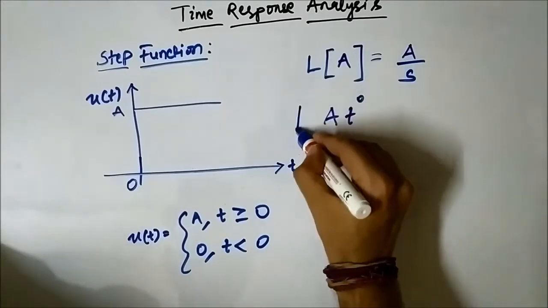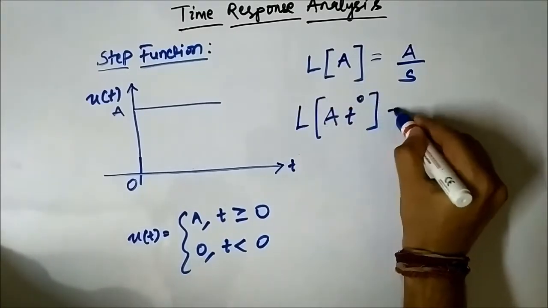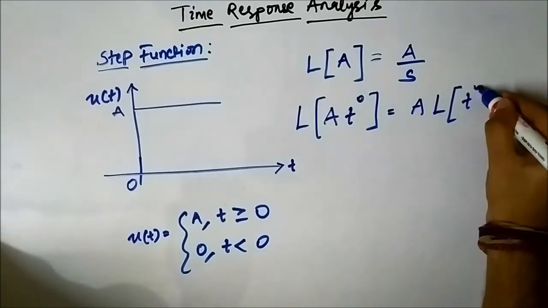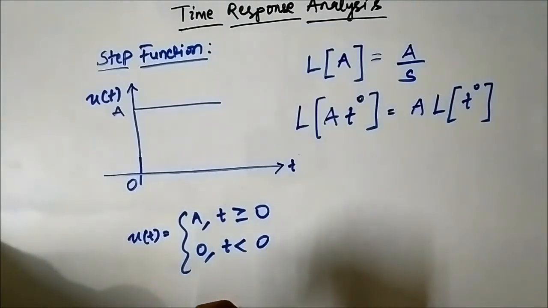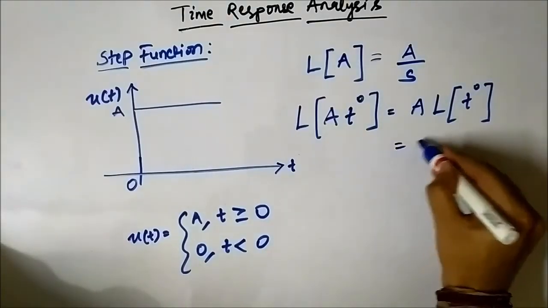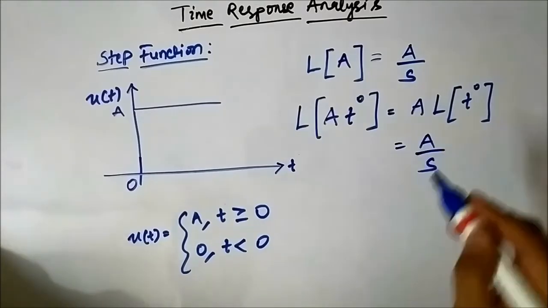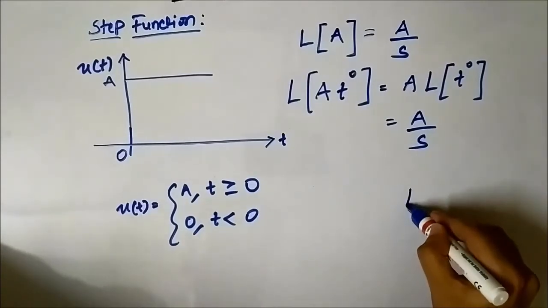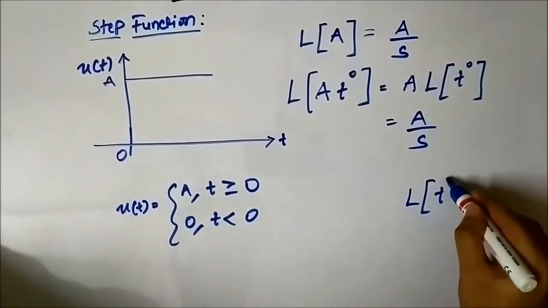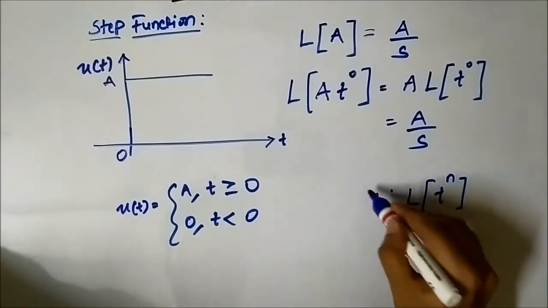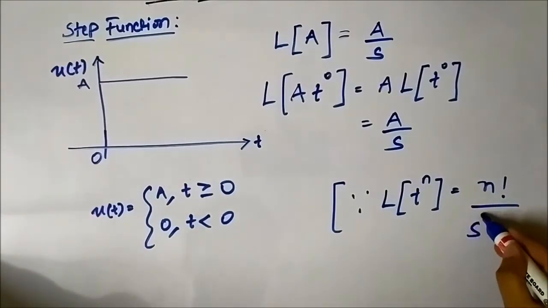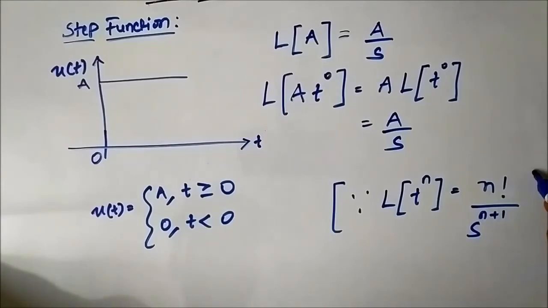So the Laplace transform of A into t to the power 0 is equal to A into the Laplace transform of t to the power 0, which will be equal to A by S. The formula we are using here is that the Laplace transform of t to the power n is equal to n factorial by s to the power n plus 1.